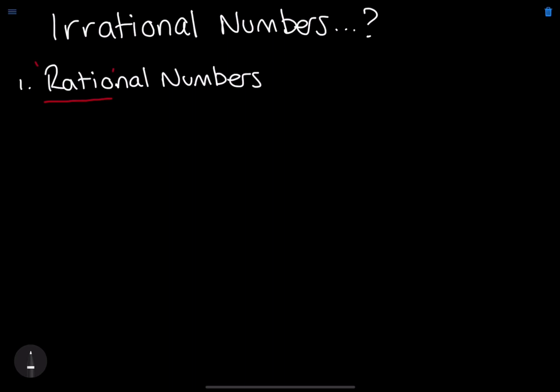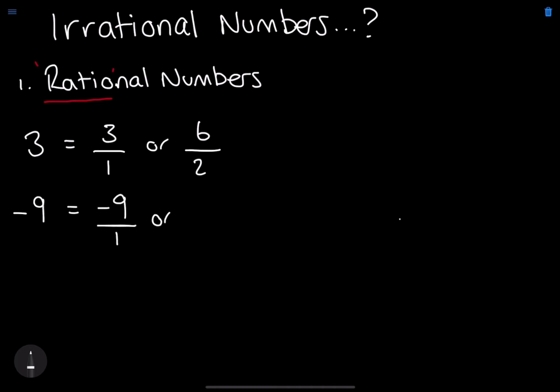So take the number 3, for example. This can be expressed as 3 over 1, or 6 over 2. So all of these are just ways of expressing the same number 3 as a simple fraction. So this is rational. Another example, say the number minus 9 can be expressed as minus 9 over 1, or minus 18 over 2, or even 18 over minus 2.